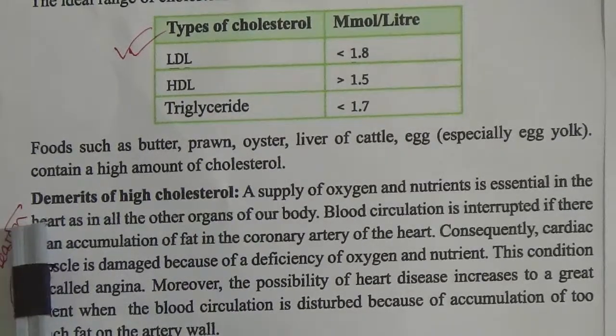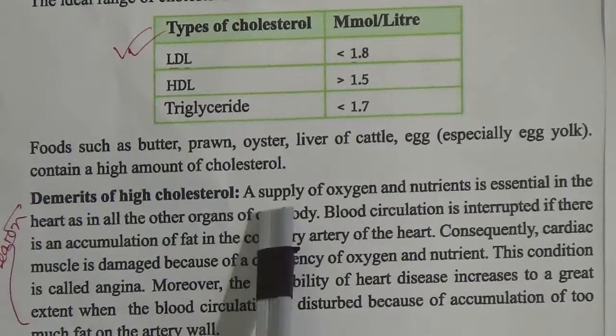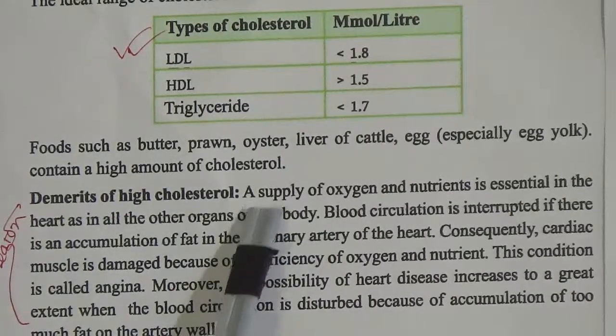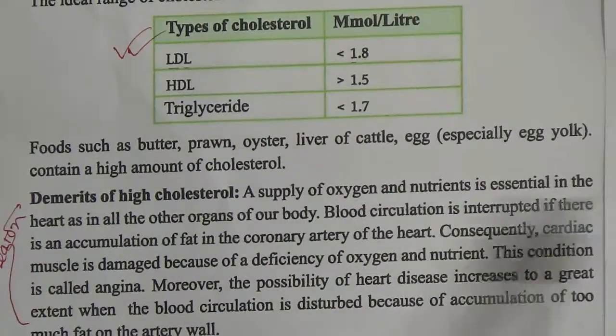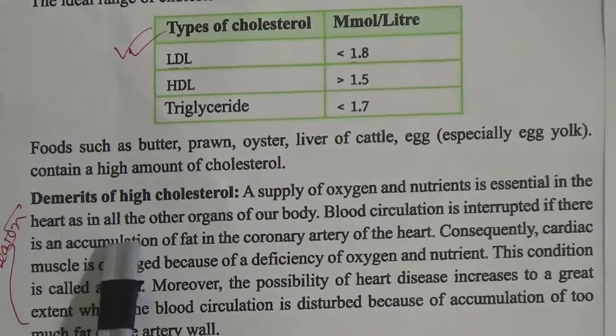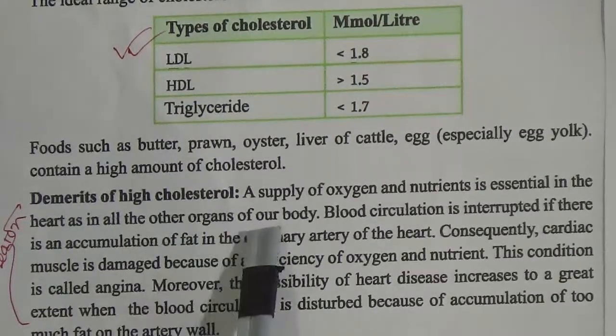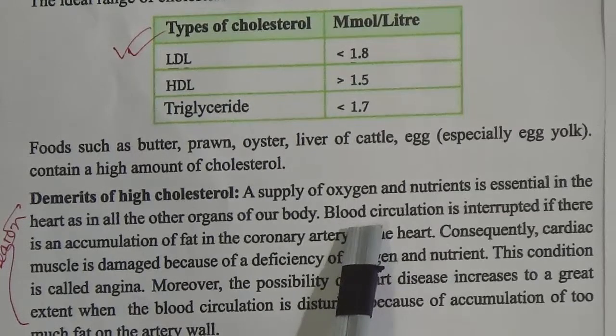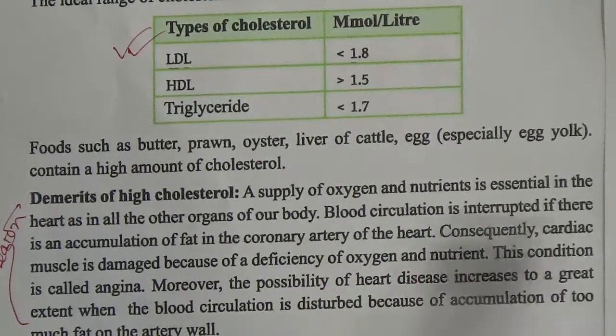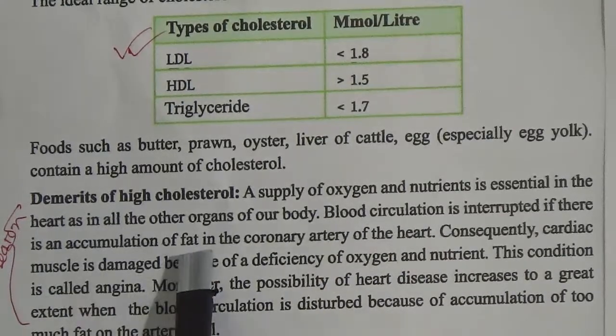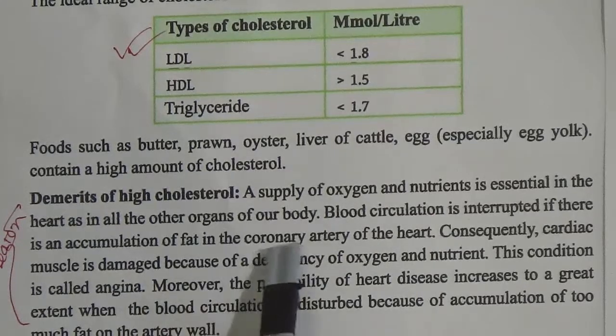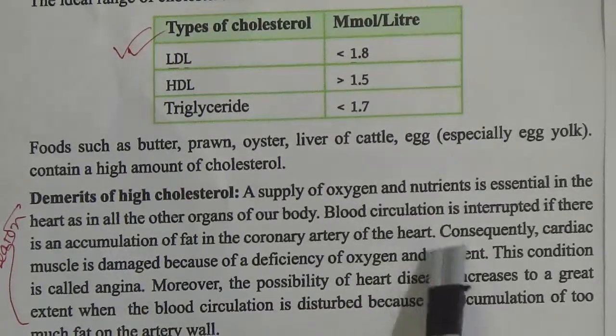Now come to demerits of high cholesterol. This portion you have to learn. The supply of oxygen and nutrients is essential in the heart as in all the other organs of our body. Blood circulation is interrupted if there is an accumulation of fat in the coronary artery of the heart.